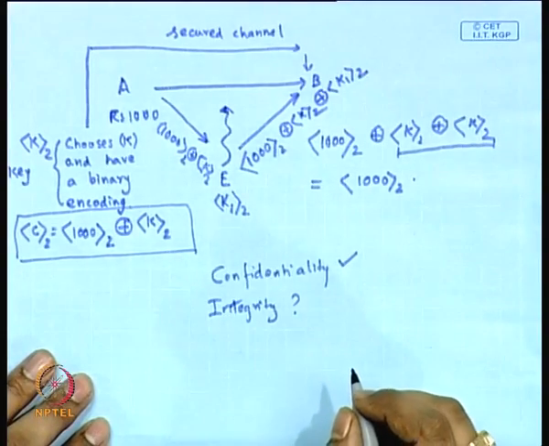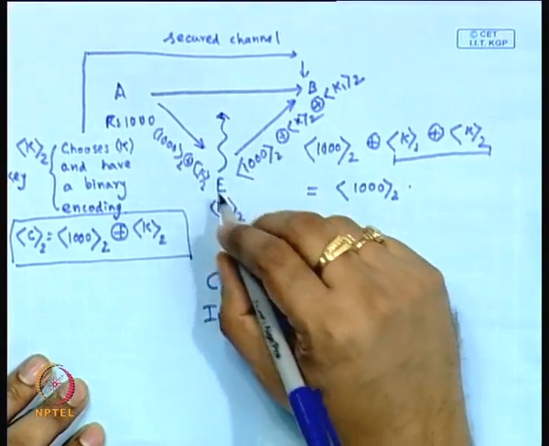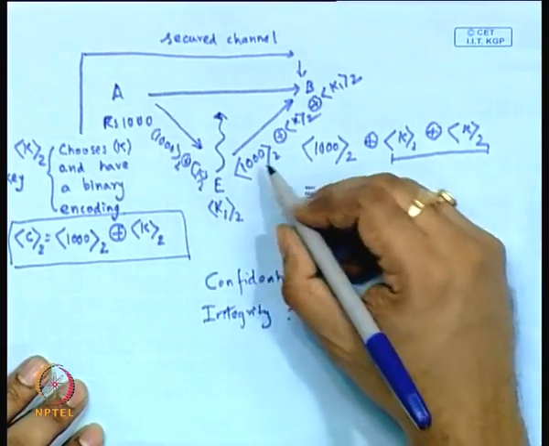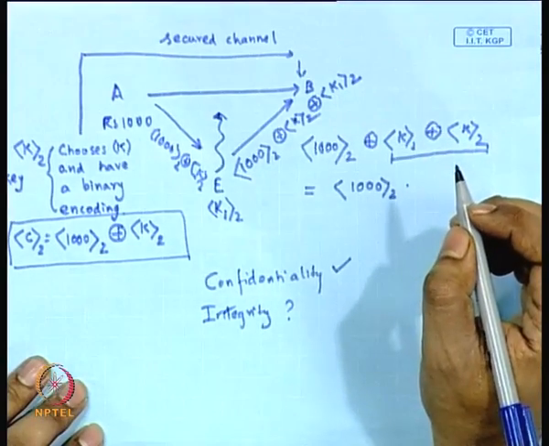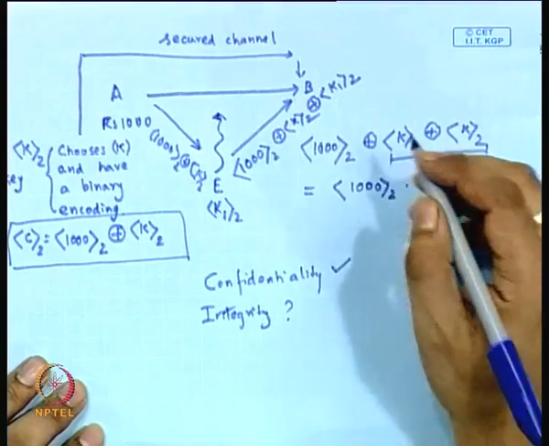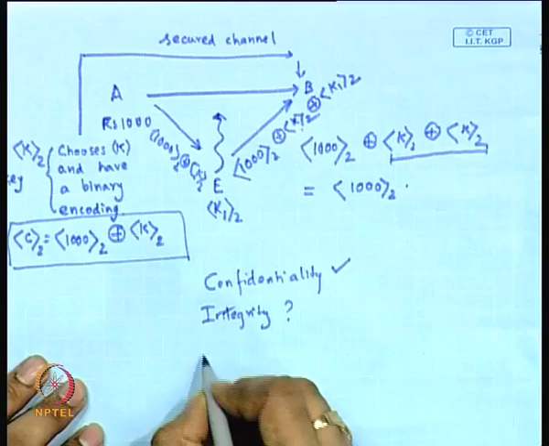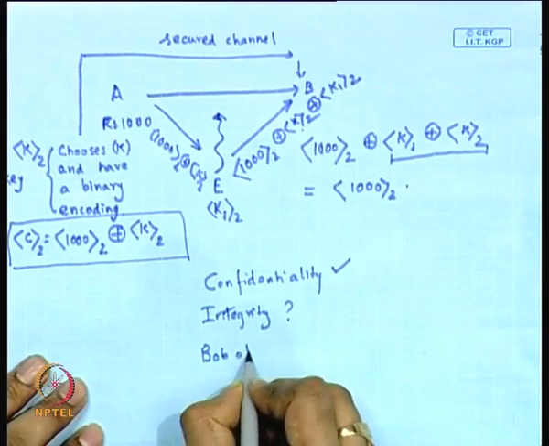So Eve has not actually bothered to obtain the actual information, but it has modified the ciphertext in this fashion. So now when Bob does the decryption, Bob XORs it with this key value.